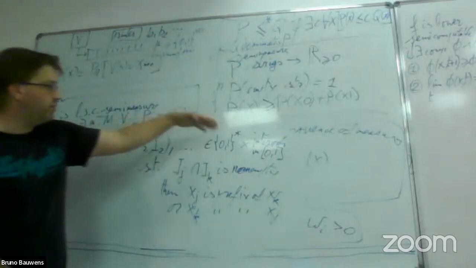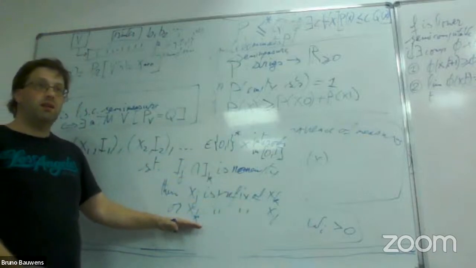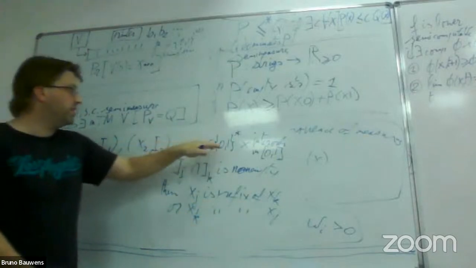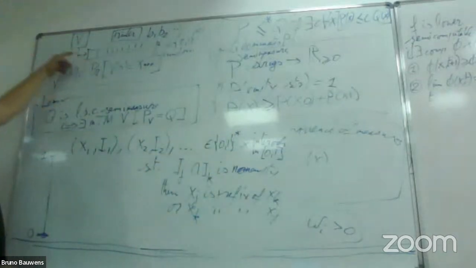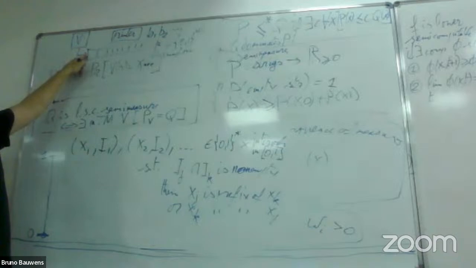I claim that if I can enumerate intervals so that this is satisfied, then I have defined the machine.